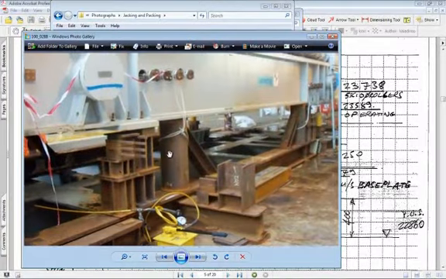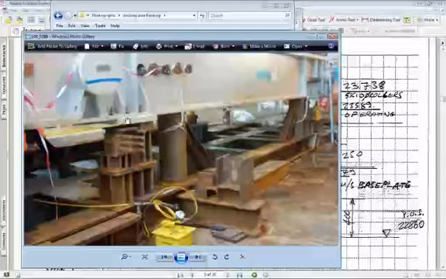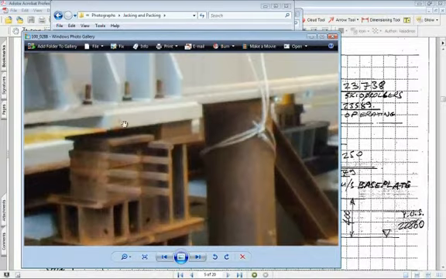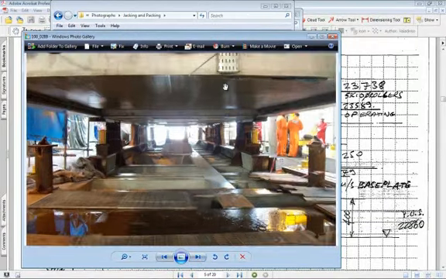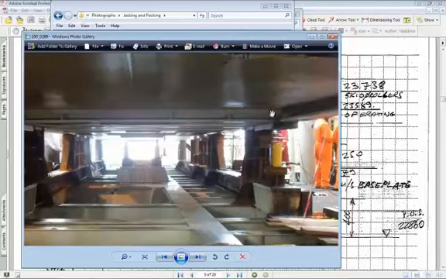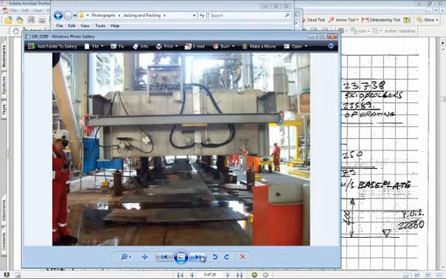This compressor is supported on grillages. Beneath this compressor, roller supports are going to be installed for the purpose of installation. This is the bottom view of the compressor. These are pad plates, which would take rollers. These rollers will be used to skid this compressor into its position during installation.